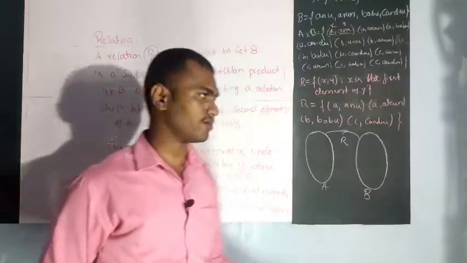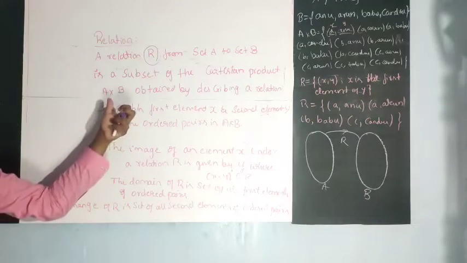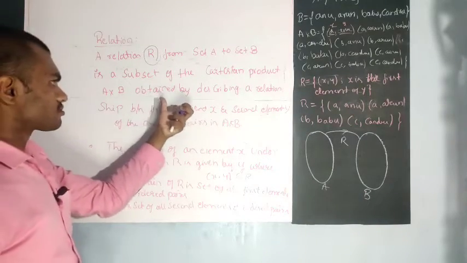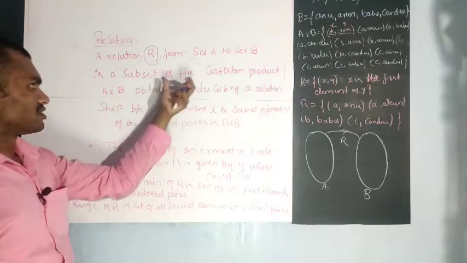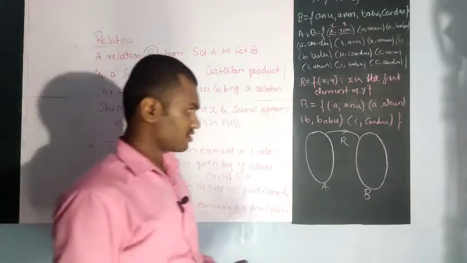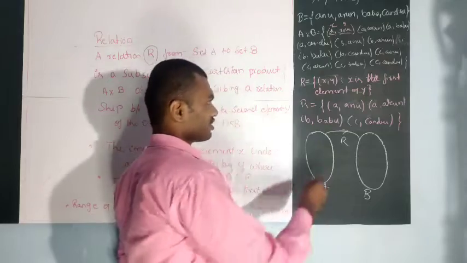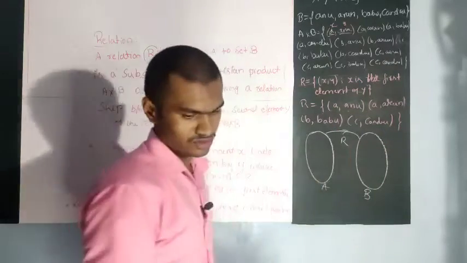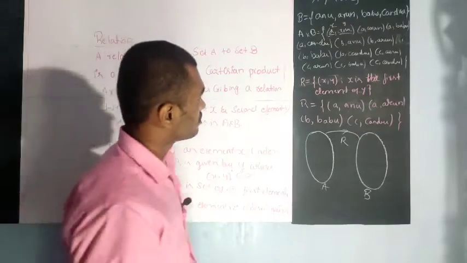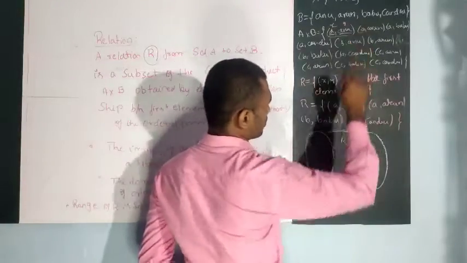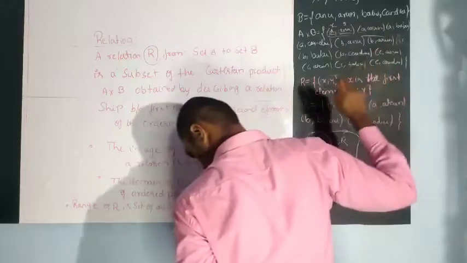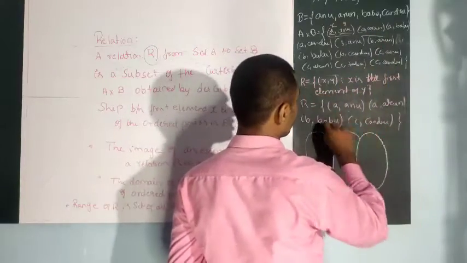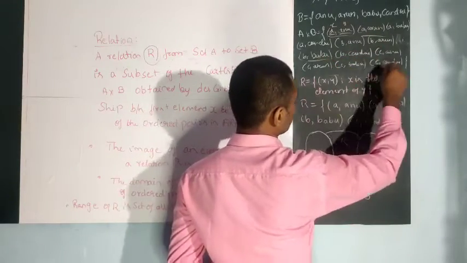From set A to set B, it will be a subset of the Cartesian product. So here R we have defined now: A comma Anu, A comma Arun, B comma Babu, C comma Chandru. You can observe here A comma Anu, this one, A comma Arun, this one, B comma Babu and C comma Chandru.